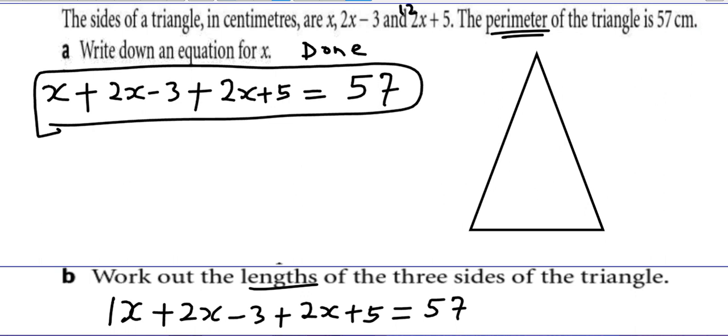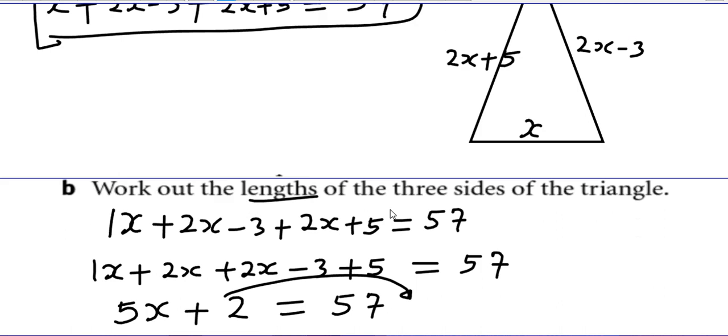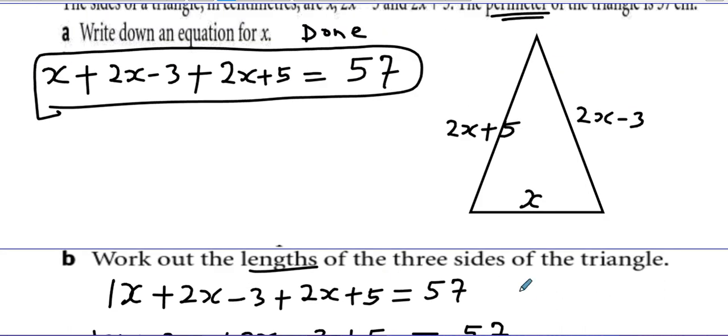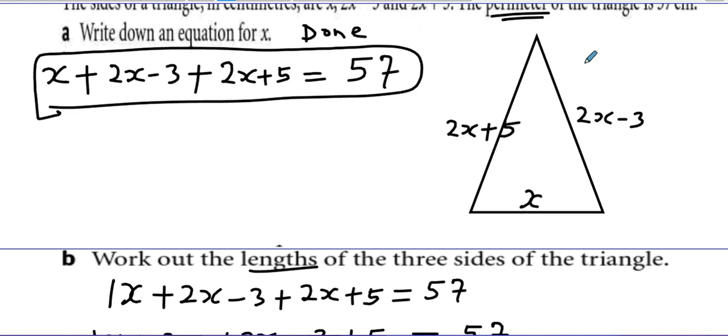The length, we have this side labeled x, we have 2x minus 3, and we have 2x plus 5. The value of x is 11, so this side will be 11 straight away.